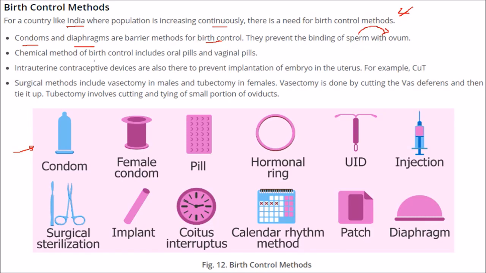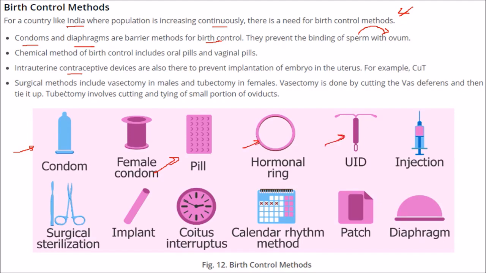Chemical methods of birth control include pills. The control pills are there, vaginal pills are there, and intrauterine contraceptive devices are used to prevent implantation of the embryo in the uterus, like this.